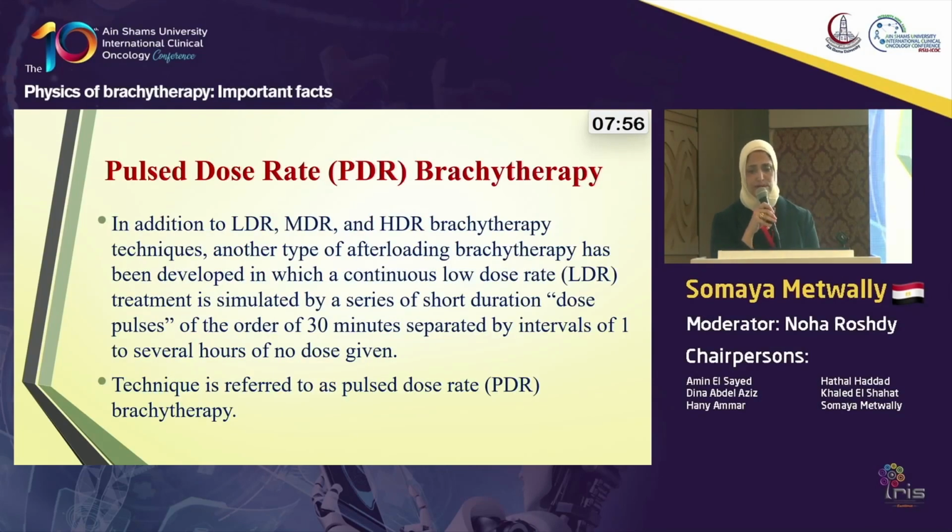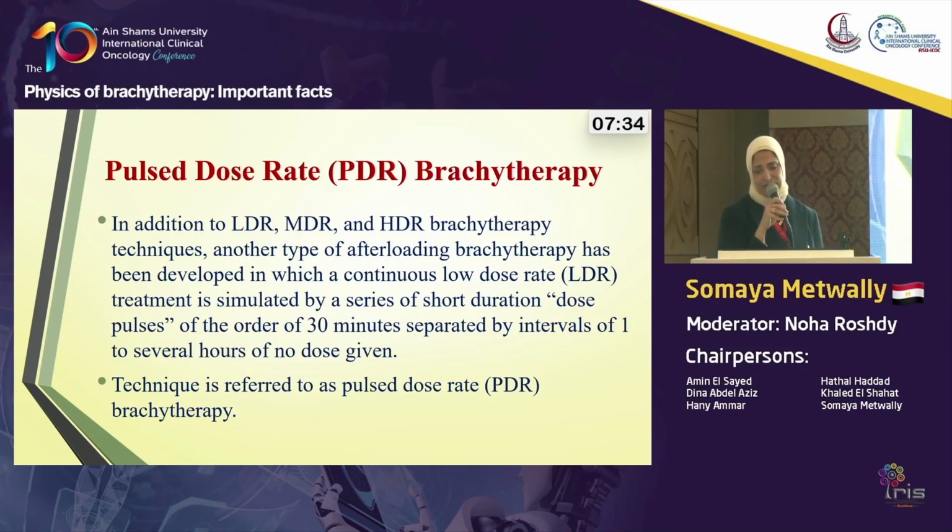Pulsed dose rate brachytherapy is a very famous kind of brachytherapy and used a lot nowadays. Actually, in addition to low dose, medium dose rate and high dose rate brachytherapy techniques, another type of after loading brachytherapy has been developed.